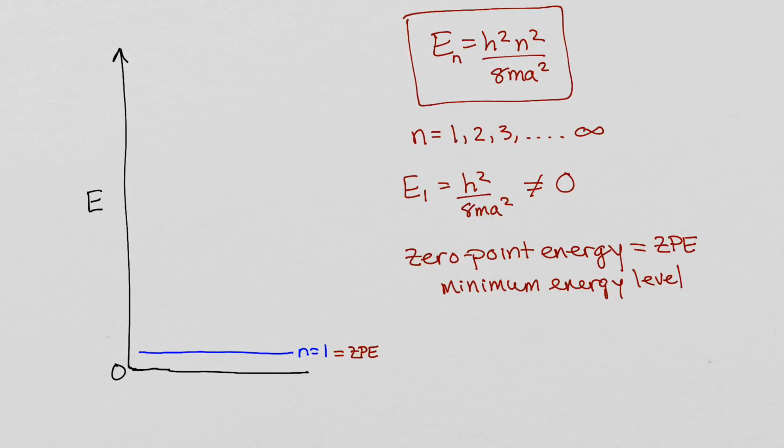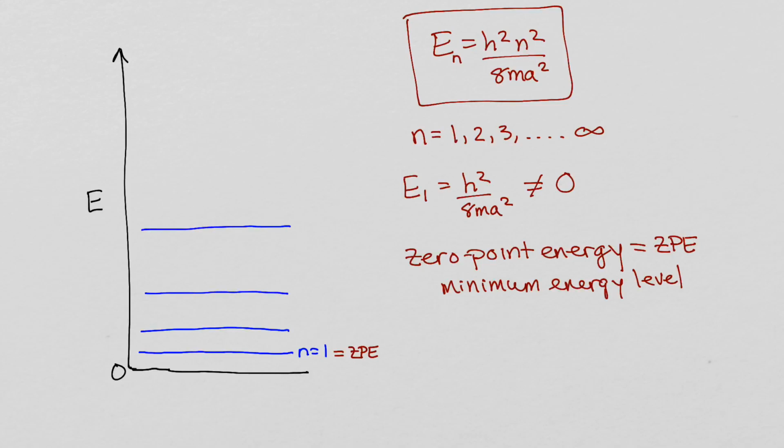We see that we scale by n squared. So hopefully you can recognize that our lines are going to get further and further spaced apart as we go to higher and higher energies. So we can sketch those on there. I'll just do a few.